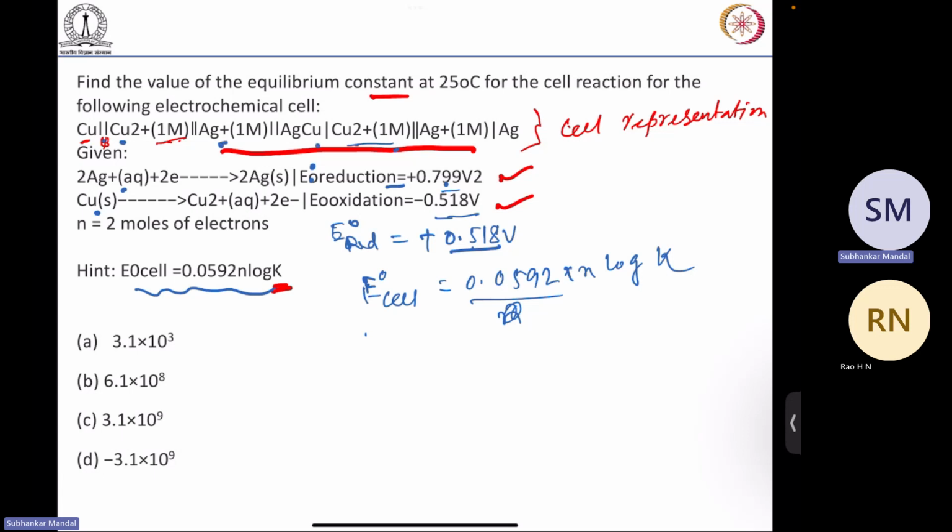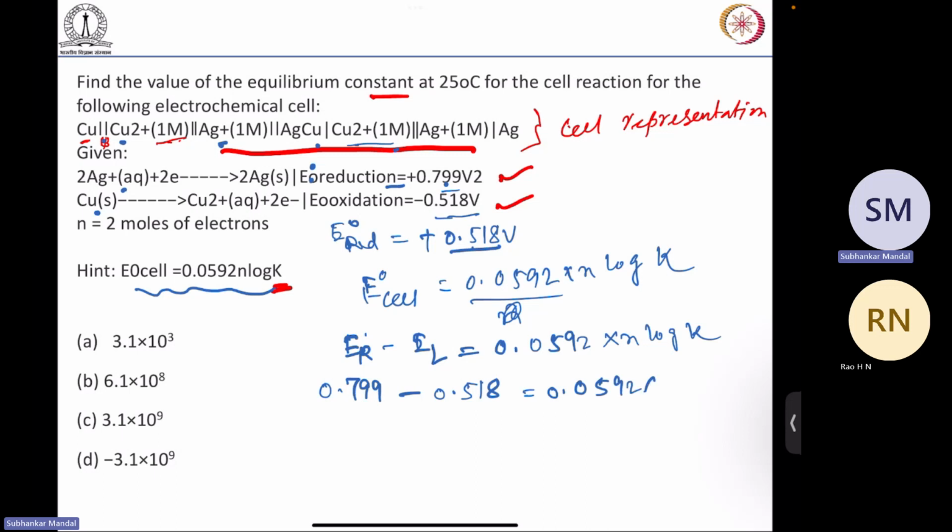We know that E right minus E left, that is the cell reaction, equals 0.0592 by n log of k. So you can write 0.799 minus 0.518 equals 0.0592 by n, here n is equal to 2, it is given, log of k.